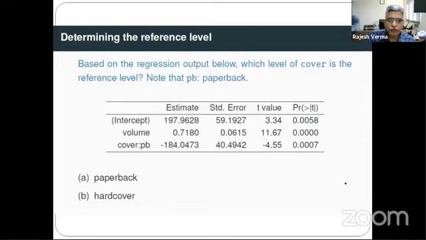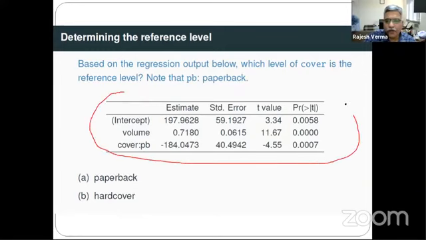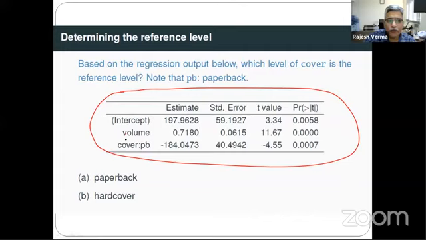So what is the reference? This will be the output of modeling the weight of the book in terms of volume and cover type. Here the reference level is basically hardcover, and for hardcover this value will be 0. But if we include paperback, then we will have to subtract 184.04.